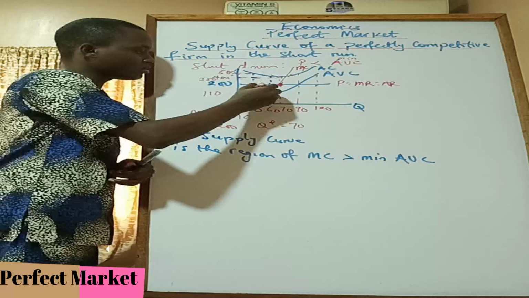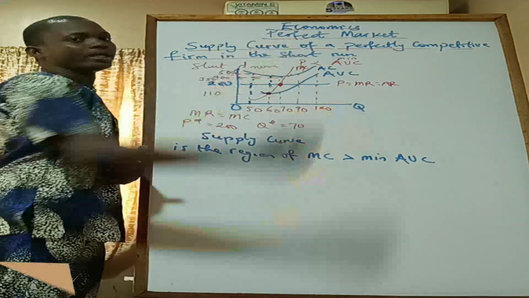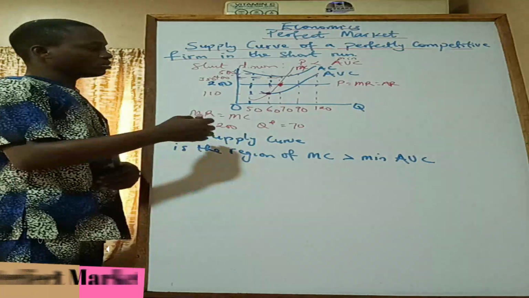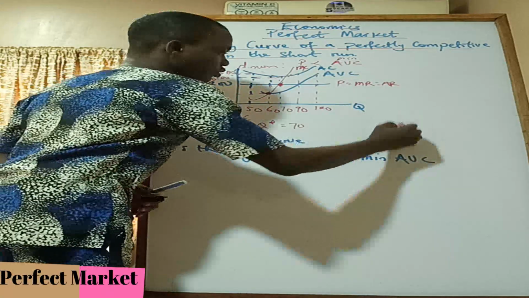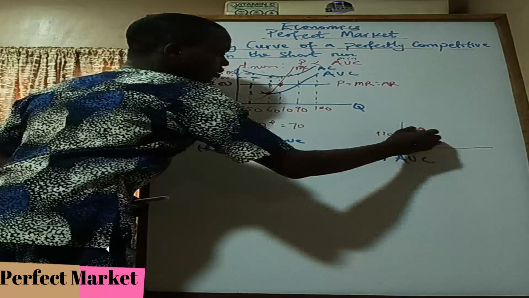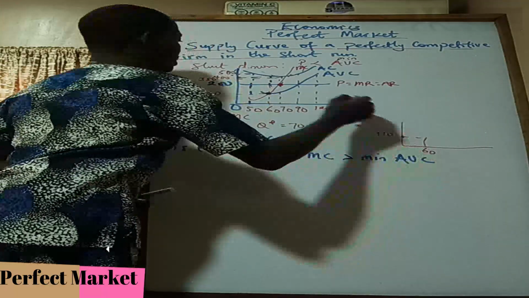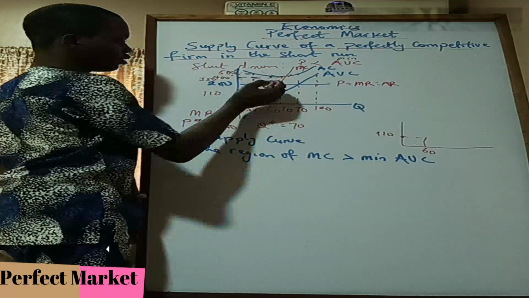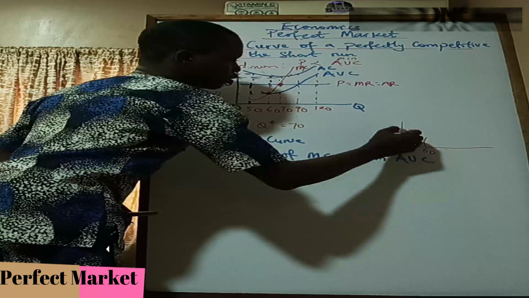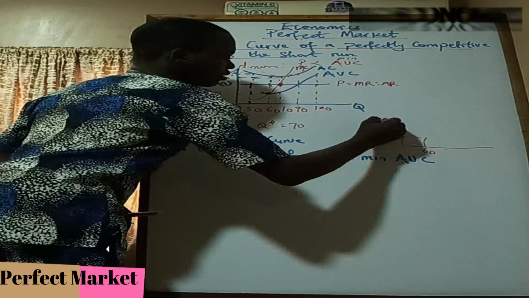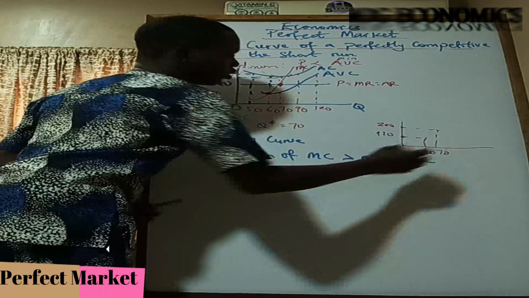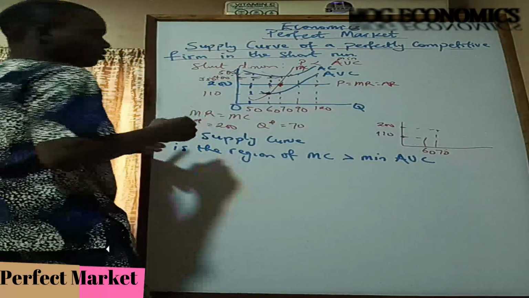From this part upward is the supply curve of this business, because they can't produce anything below 60. If we were to draw the supply curve, it would be something like this: at the price of 110 it is producing 60, and at the price of 200 it is producing 70. So on and on, then you draw this curve.